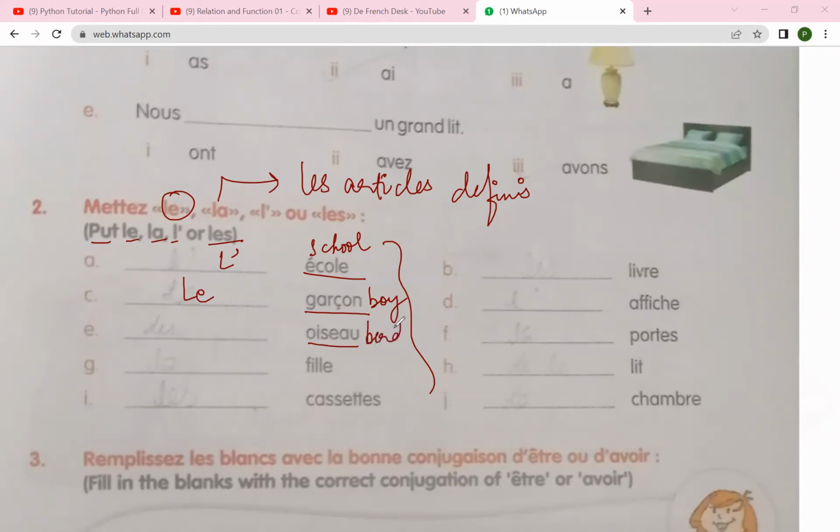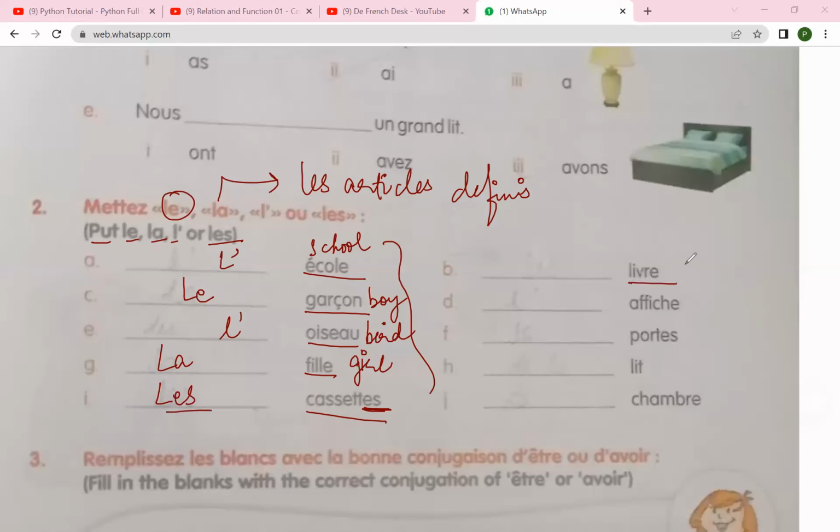It means bird and it begins with O. So you will write l apostrophe, l'oiseau. Fille means girl. So obviously this would make use of la because girl here is singular feminine noun. Cassette here you can see it ends with an es. So you will write les, the plural form.